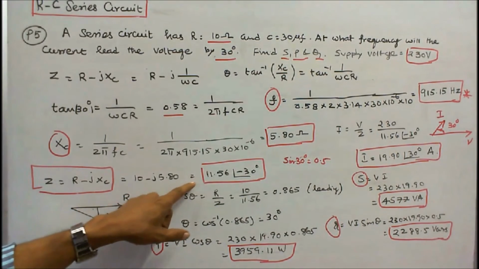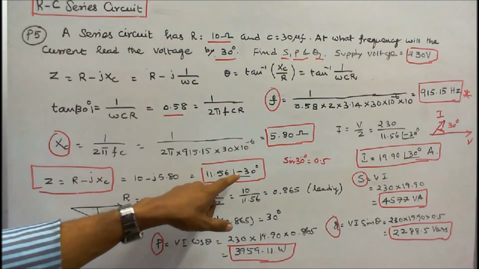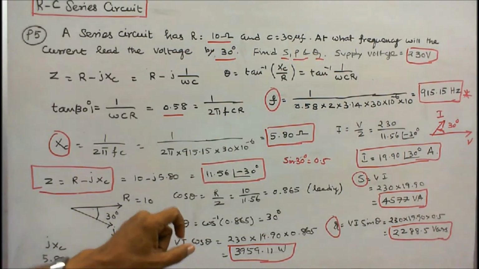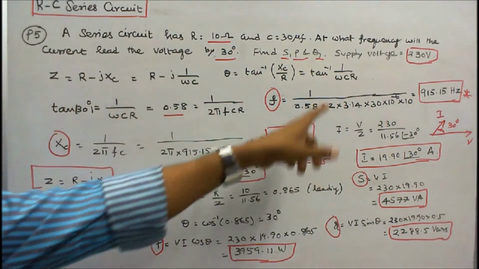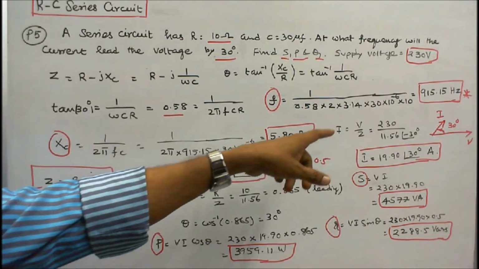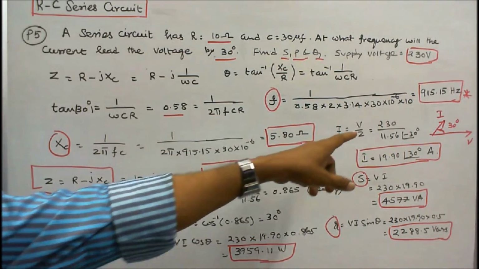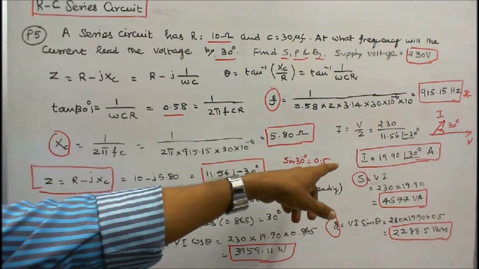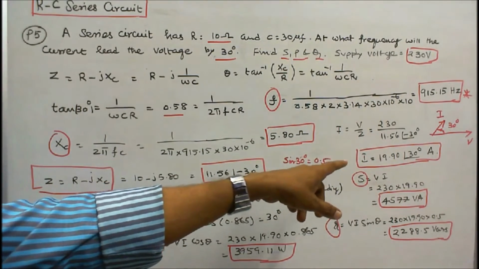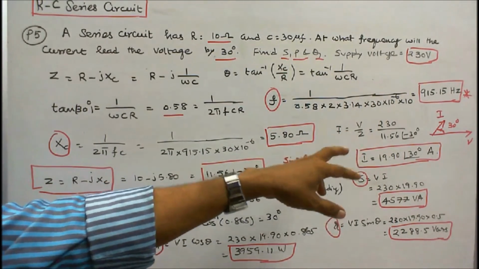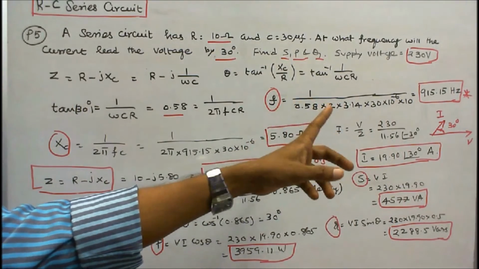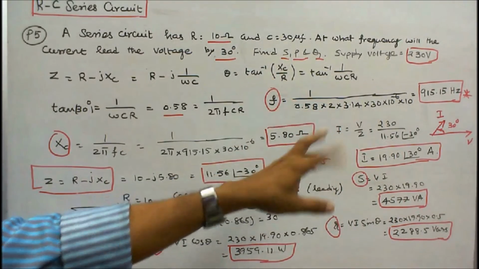In polar form, 11.56∠−30°. I can find I = V/Z = 230/11.56∠−30°. Current is 19.90 amps ∠30°. That means the current leads the voltage by 30 degrees.